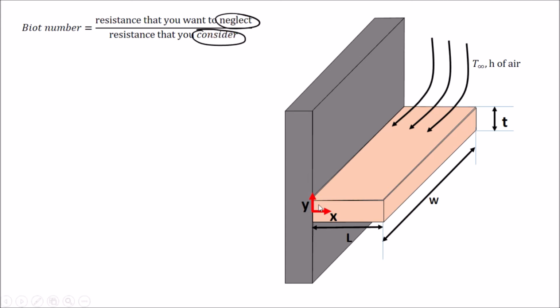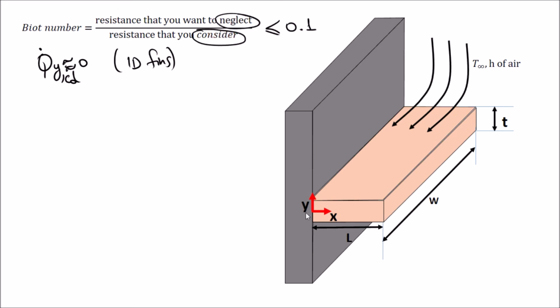What we are saying is that fin problems are one-dimensional. By one-dimensional, we mean that q̇y is approximately 0 for conduction. Therefore, 1D fins. We want to prove that this is actually true. If you neglect the resistance, then the Biot number should be less than 0.1.